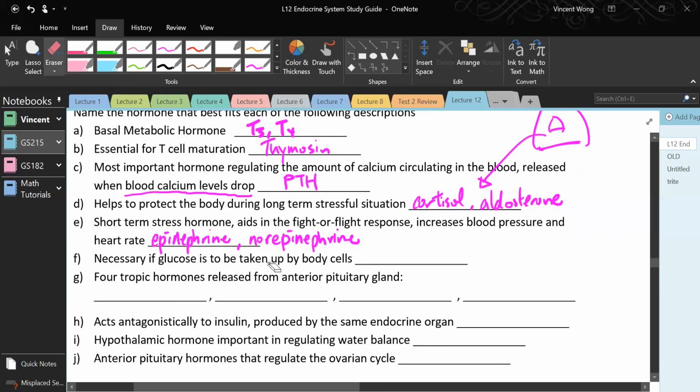Necessary if glucose is to be taken up by body cells. Which one is this? Is it insulin or is it glucagon? Think about that. If you want to take up the glucose, put it in your cells, do we need insulin or do we need glucagon?